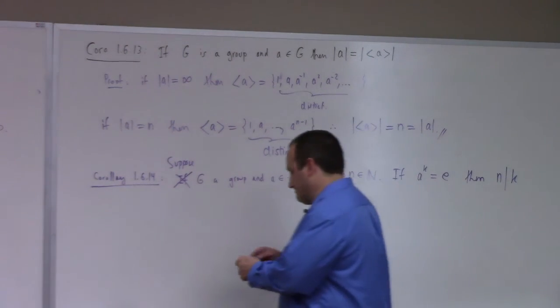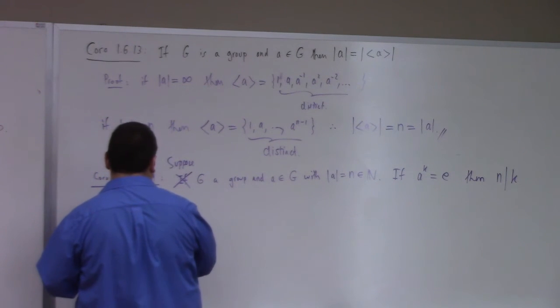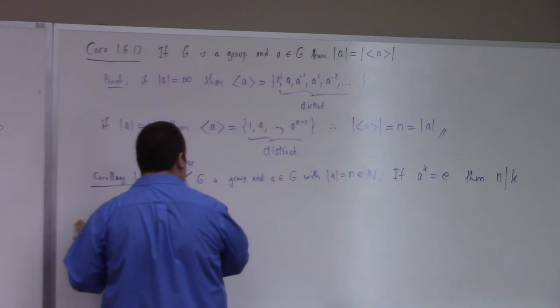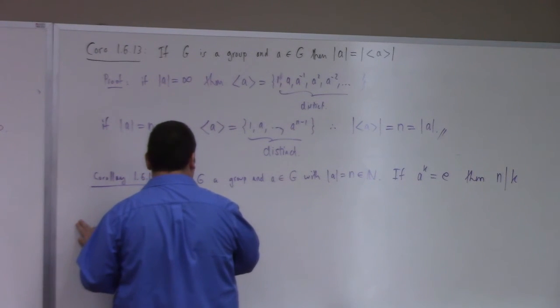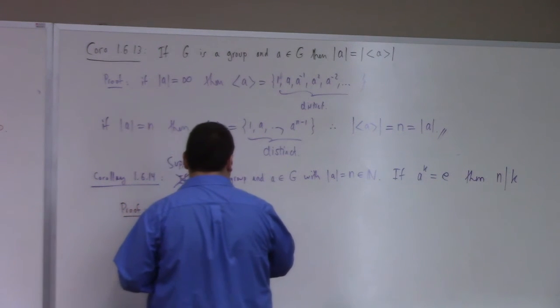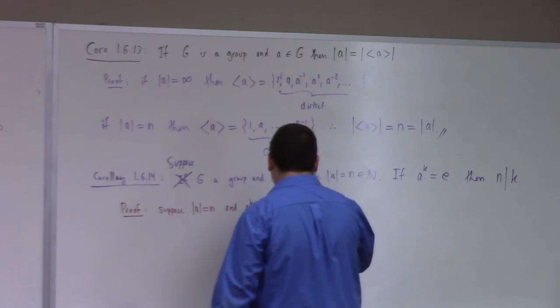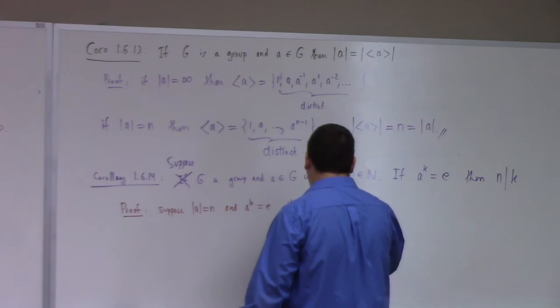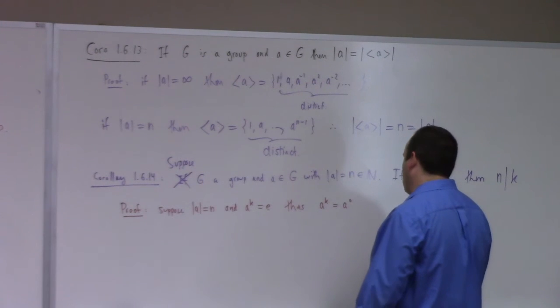Proof. Suppose the order of a is equal to n, and also that a to the k equals e. Thus a to the k is equal to a to the 0, right? What's that say?